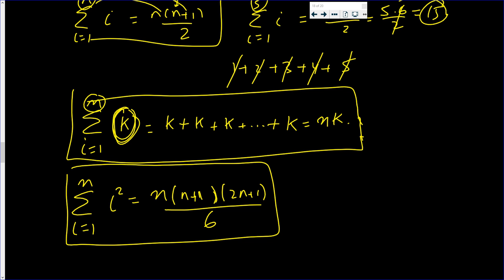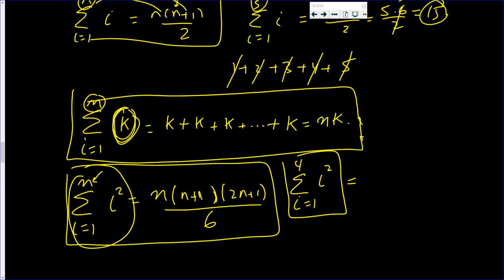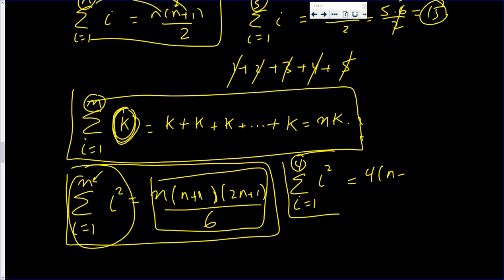Now, suppose I ask you what is the summation as i goes from 1 to 4 of i squared. Well, the only difference between this problem and the formula is that n became 4. So I'm going to write down this formula, but instead of n, I'm going to write 4. It's 4 times (4 plus 1) times (2 times 4 plus 1) over 6.